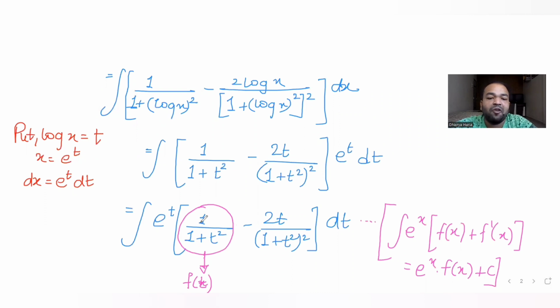So if I put f of t as this, I am getting this entire thing as f dash. Now I can write this as e raised to t into f of t plus f dash of t. And when I take the integral of this entire expression, I get the solution as e raised to x into f of x plus c.